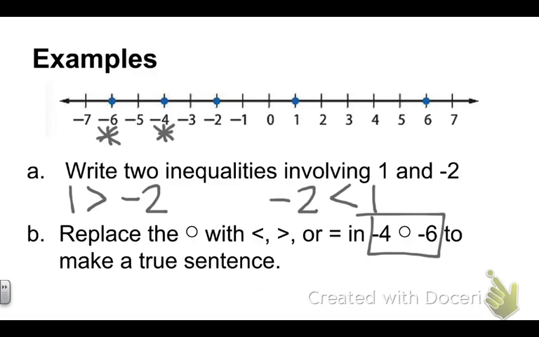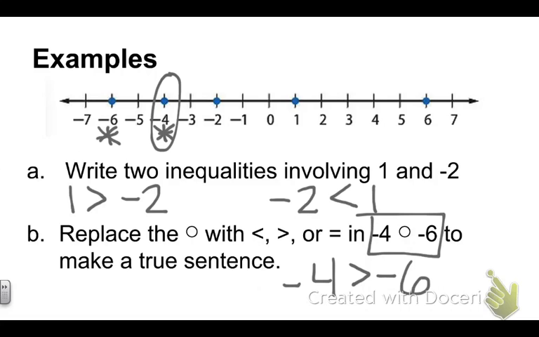So look at that. Is this number larger than or smaller than -6? To be larger, it has to be closer to the positives. In this case, it is closer to the positives, so that means -4 is greater than. We would replace that circle with greater than -6.